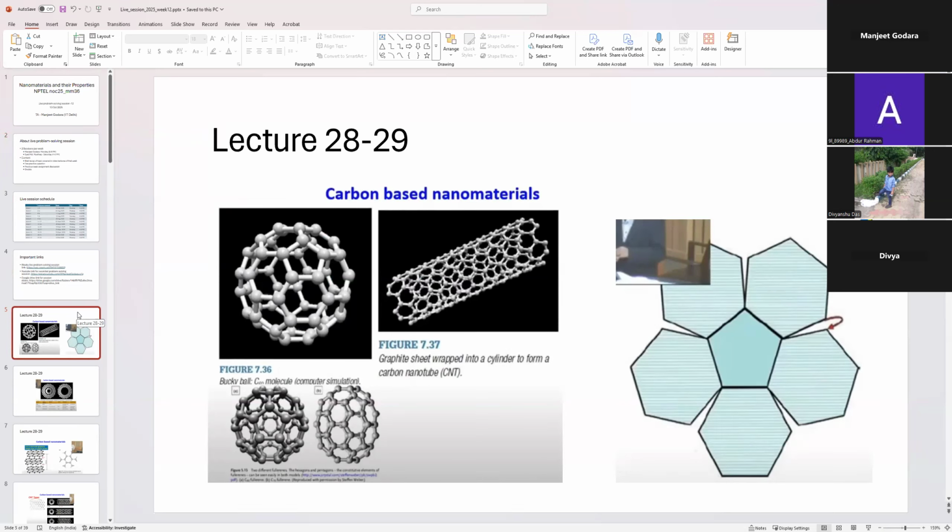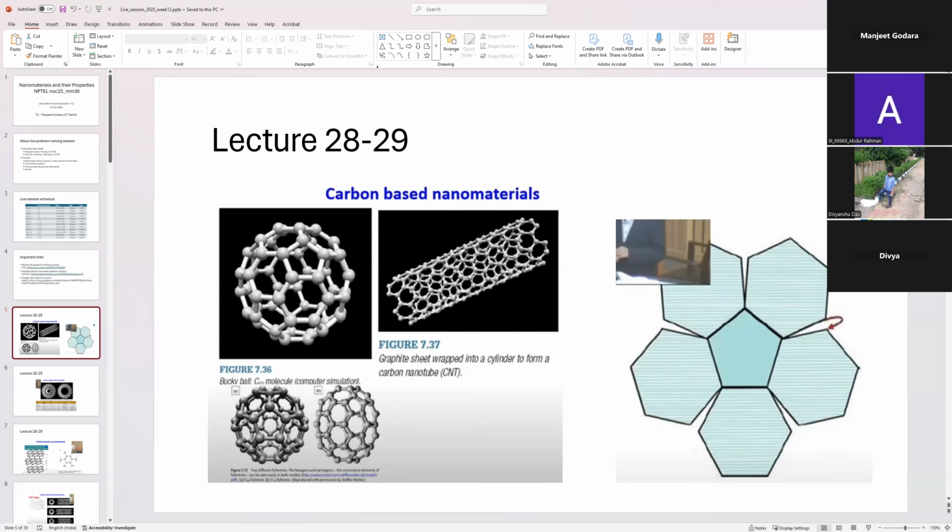So this week, Professor covered different applications, like different types of nanomaterials, mainly carbon-based. So we have three types of carbon allotropes. The first is a buckyball, which are also called fullerenes C60.